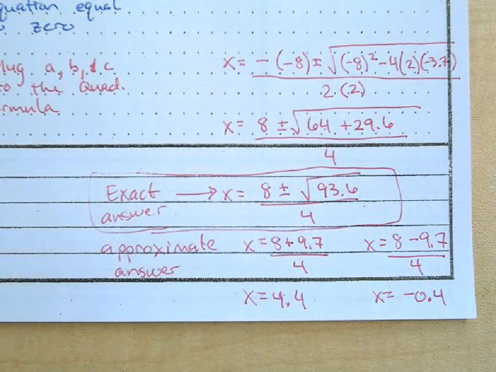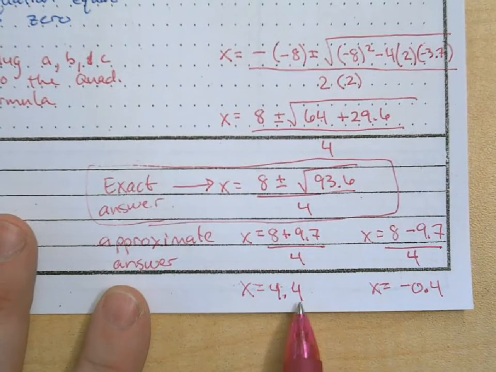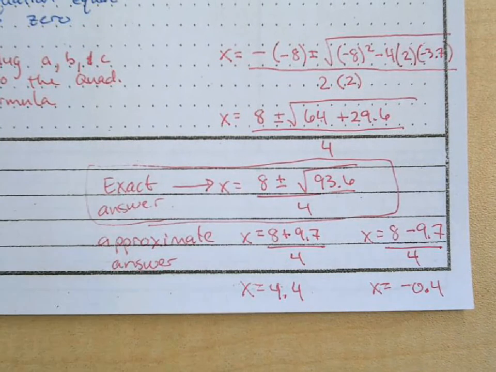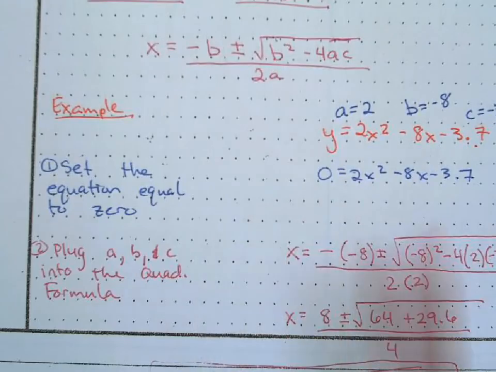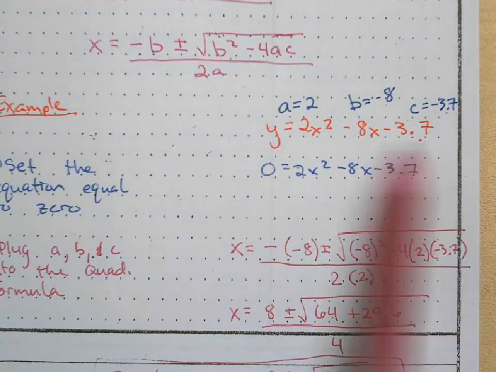There we go. And that's how we can use the quadratic formula to help us find zeros, my x-intercepts, 4.4 and negative 0.4, when our equations are a little more complicated to work with.